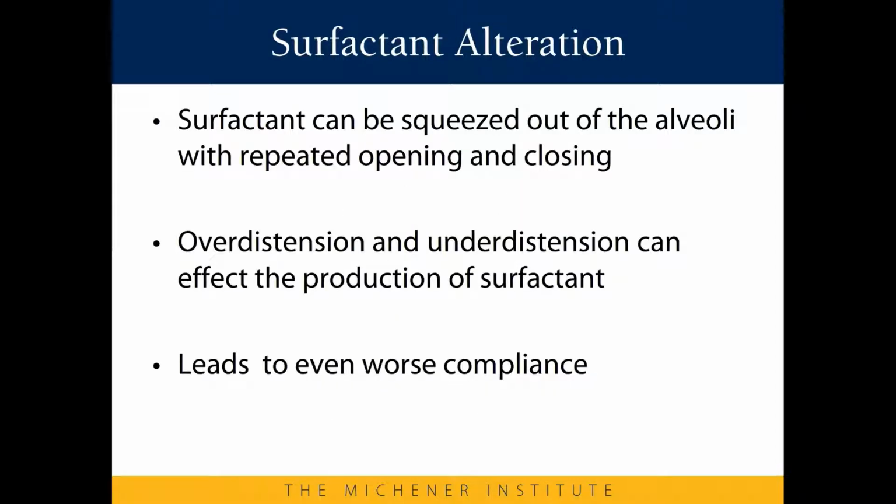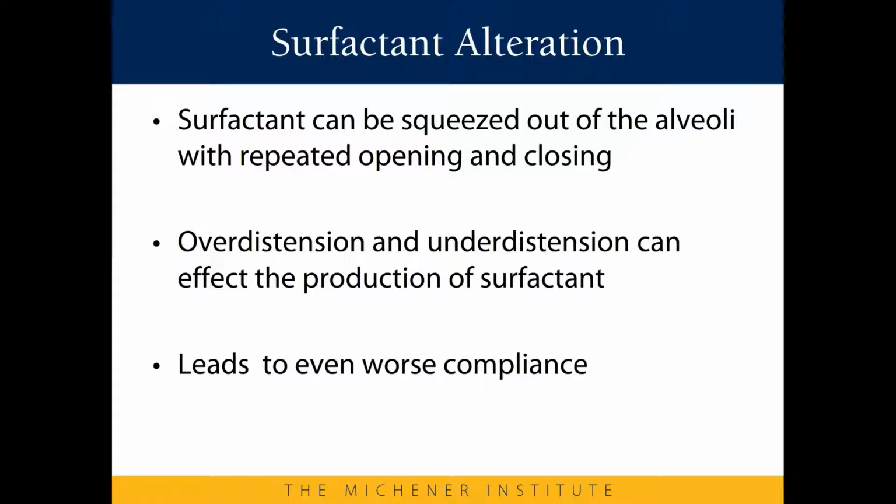Okay, so surfactant alteration. When you have alveoli that are collapsing on exhalation and opening on inspiration, we have surfactant that gets squeezed out of the alveoli. And each time it collapses and is forced shut, it's squeezing more surfactant out. So each time this opening and closing is happening, we're losing more surfactant.